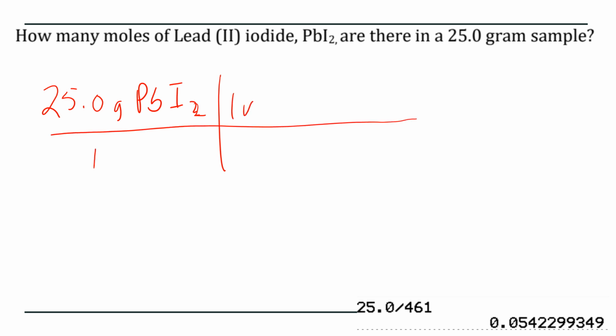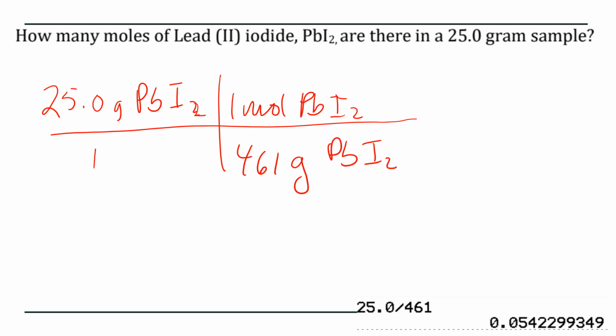So in 1 mole of PbI2, it is the molar mass of PbI2, so 461 grams of PbI2, which you should be able to calculate. Remember that double slash like that means equals, so you end up with this number down here.